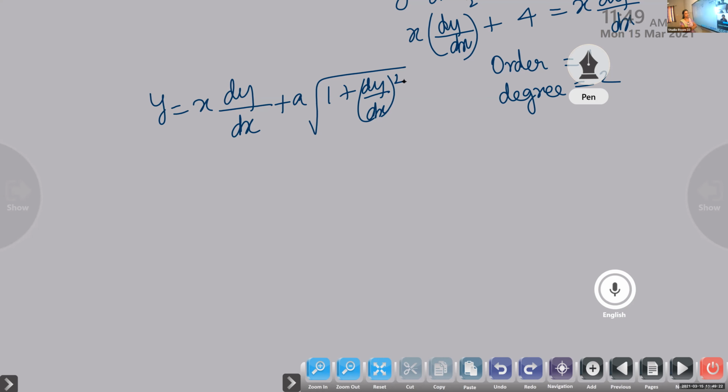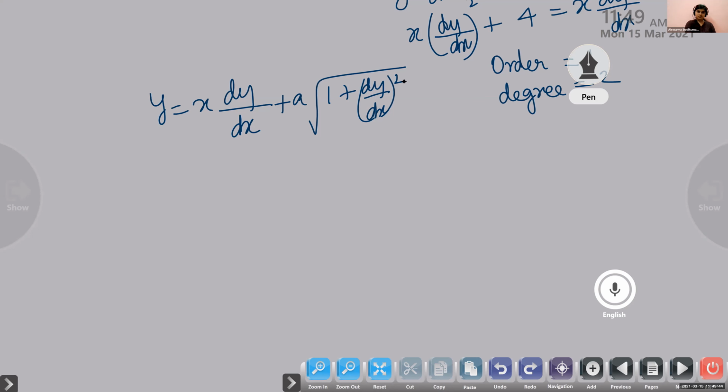Give the explanation. Aishwarya, what is the order? Order is 1 and degree is also 1. That is wrong.